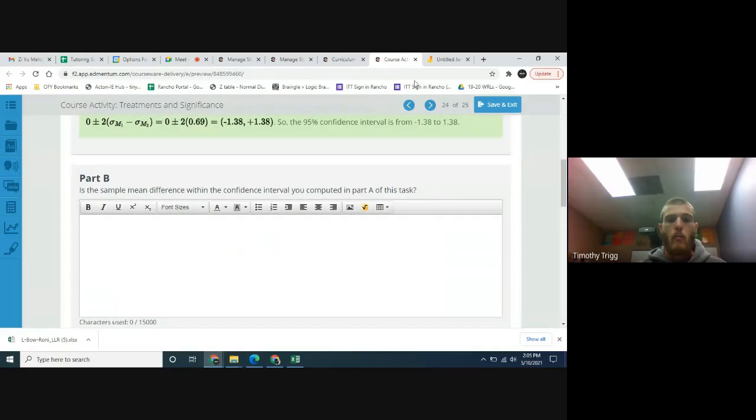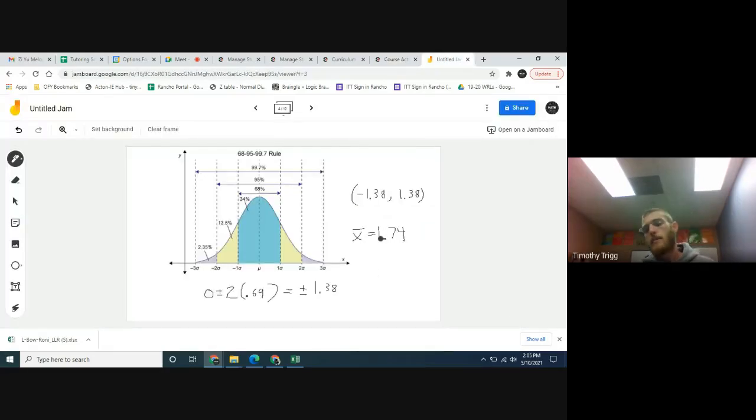So what we would say is that this mean is outside of this interval. 1.74 is above 1.38, so it's outside this interval, which means that this sample mean is outside the 95% confidence interval. So, in other words, this sample mean is statistically significant at a 95% confidence interval.